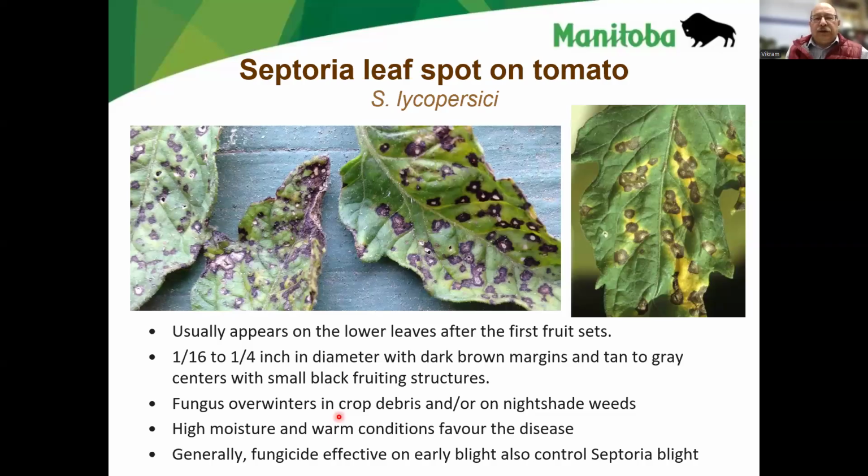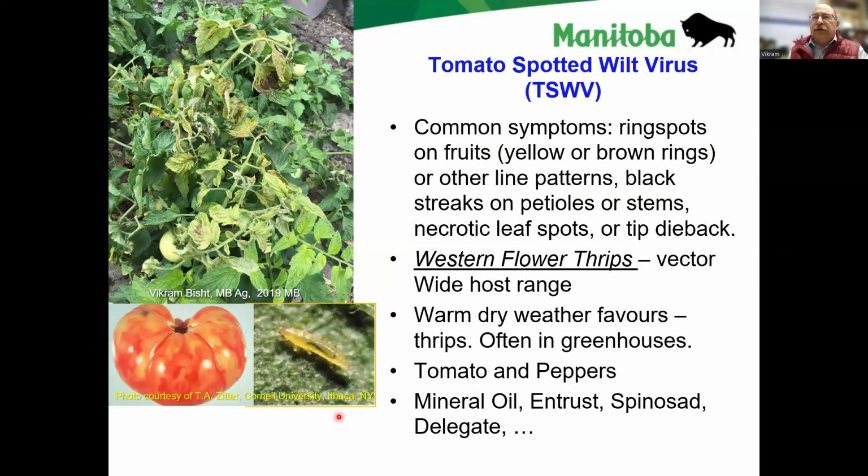There are other diseases which could include the viruses, often seen in Manitoba, especially during the dry summers, where the leaves are turning yellow and have, you can say, crinkling. So it may be important to look on the underside to see whether we have flower thrips.